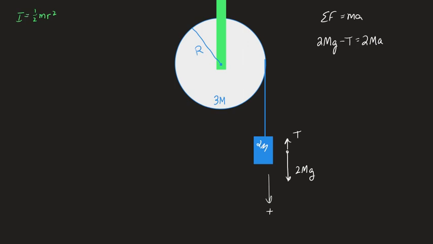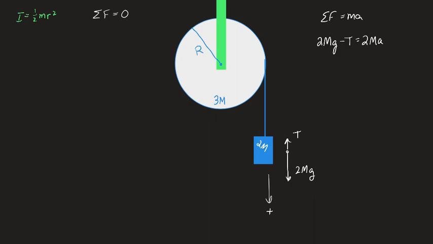Newton's law for the pulley is different than you might expect. The net force on the pulley is 0 because the pulley doesn't go anywhere. Right? We saw it. It just sat on the table. This pulley will also not go anywhere. Now, don't assume that because the net force is 0 that there are no forces acting on the pulley.